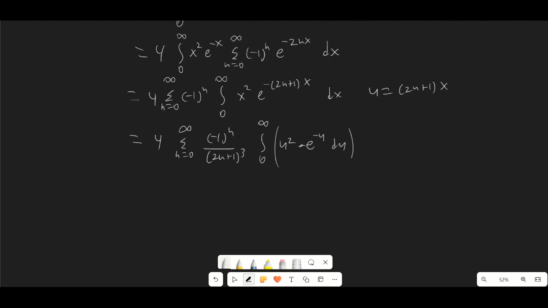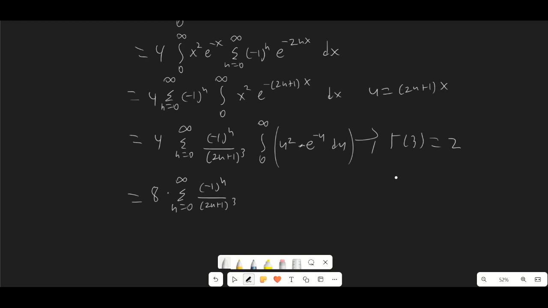Now this is just gamma of 3, which equals 2. So we'll end up with 8 times the sum from n equals 0 to infinity of negative 1 to the n over 2n plus 1 cubed.